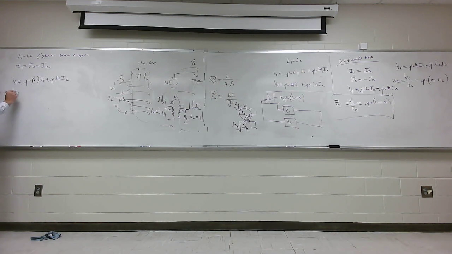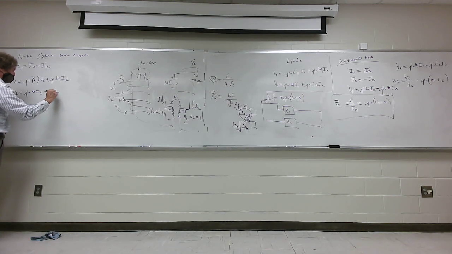And then V2 is equal to j omega M I common plus j omega L I common.